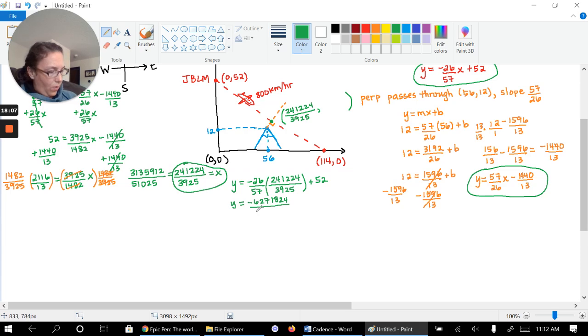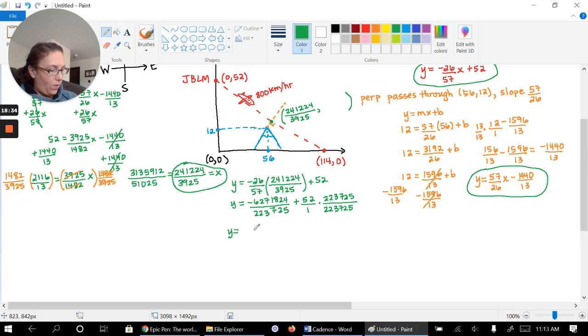Alright, so the denominator is 223725, and we're adding 52 to that. So 52, remember, has a denominator of 1, so we do need a common denominator in order to add these two fractions. So I'll multiply by 223725 over 223725.